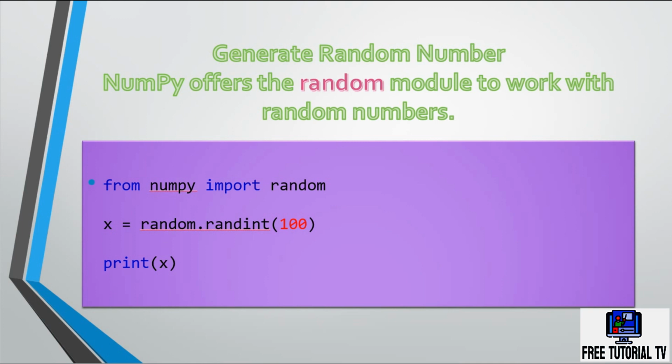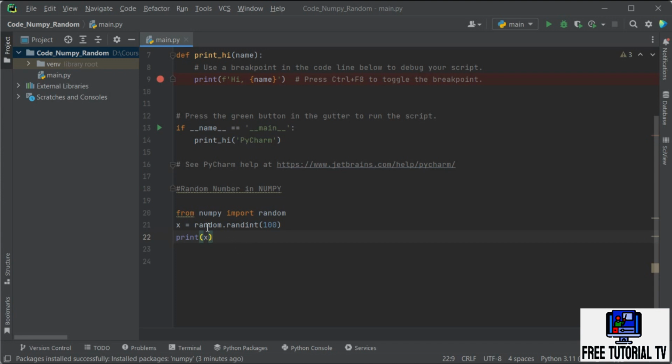So let's run this code in PyCharm and find out how it works. I have that code already here: from numpy import random, x equals random.randint(100), and then print x.